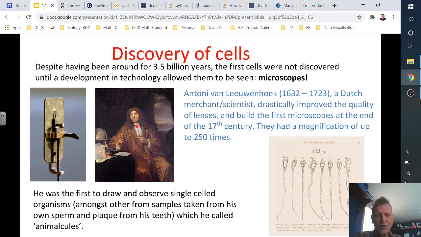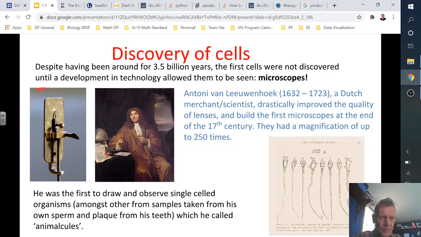Discovery of cells: you need to know a little bit about cell theory and about the people who were the founders of this cell theory. First of all, Antony van Leeuwenhoek, the guy who first described unicellular life. He was a merchant in textiles, and he needed magnifying glasses to check the quality of his textiles, and he became very good at making lenses.